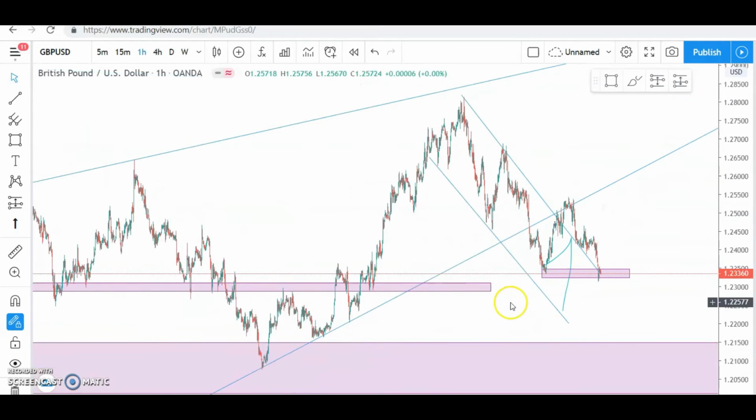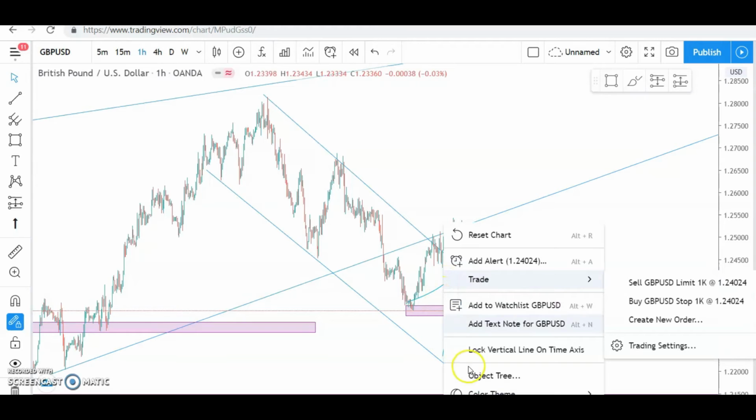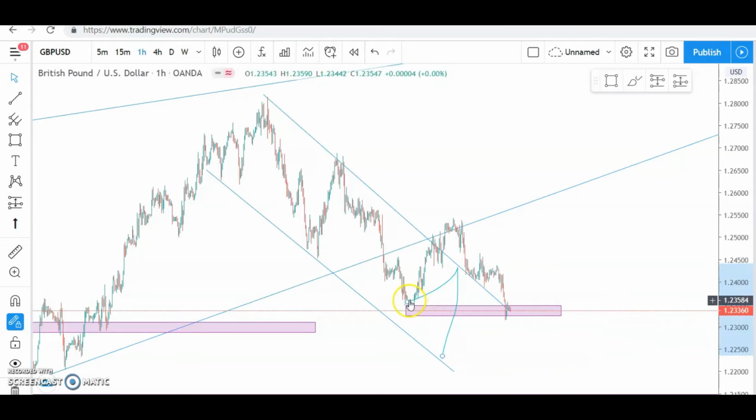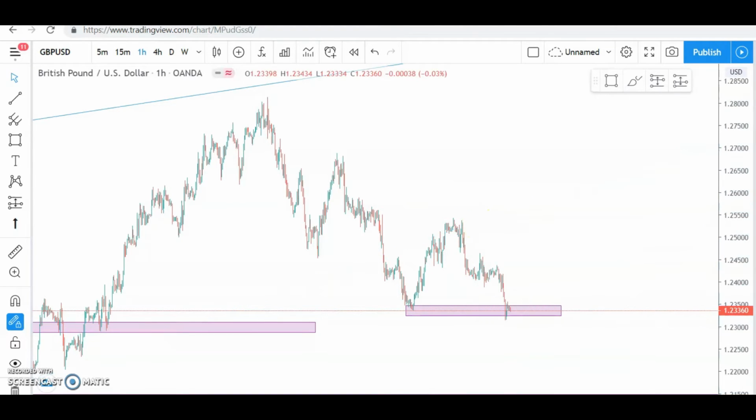Okay, so maybe I can remove this, so that we get a clear picture of what is happening. Sorry about the noise in the background, if you can hear it.